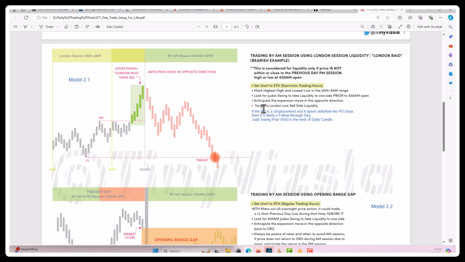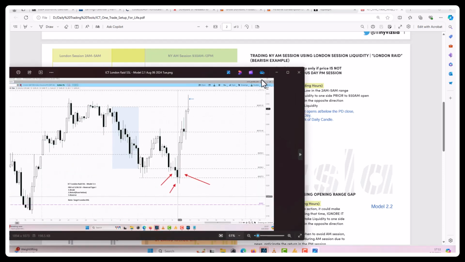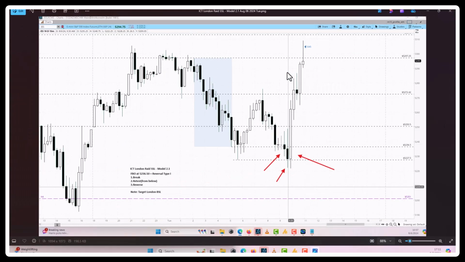Basically, yesterday, right here, we have this model. Here is the setup we had for yesterday.